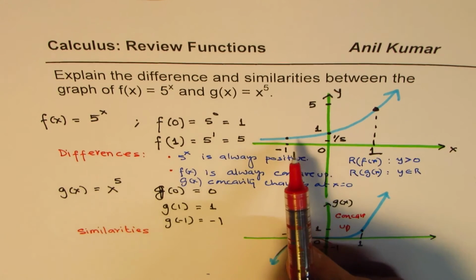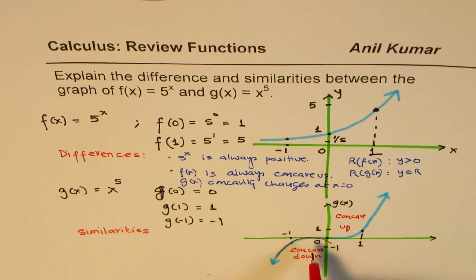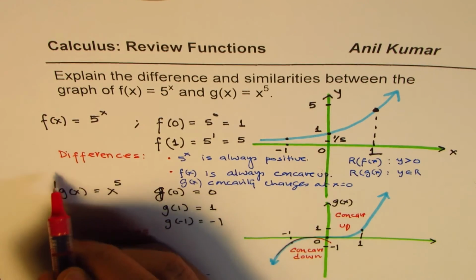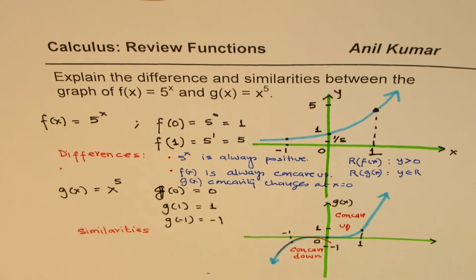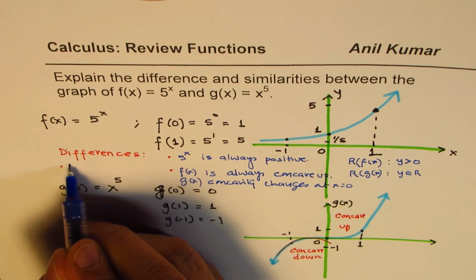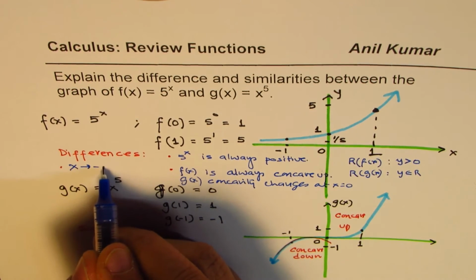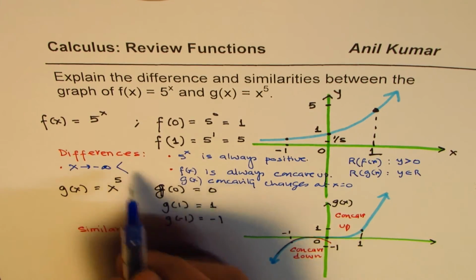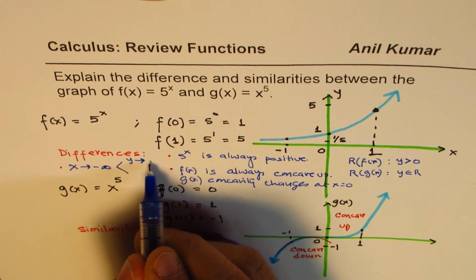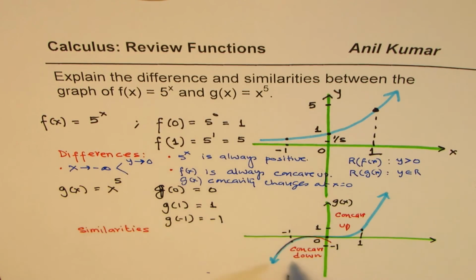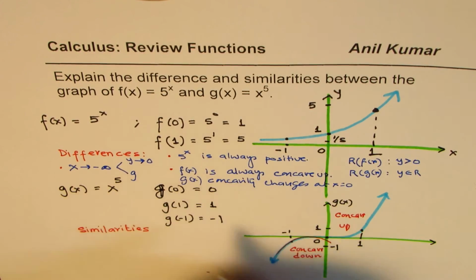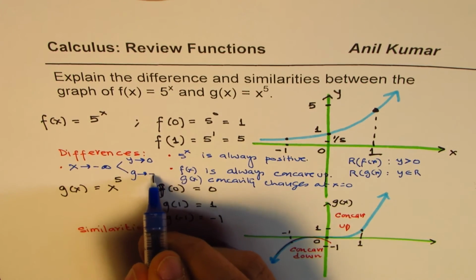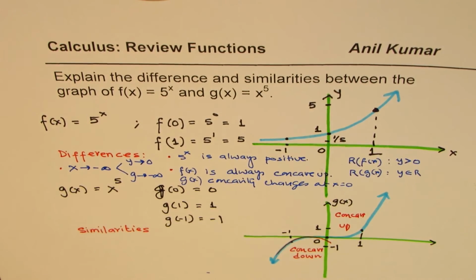And behavior is another very critical difference. As x approaches negative infinity, what happens to y values, right? So in one case, y approaches 0, and in the other case, let me write now g, g approaches negative infinity, so that they are different.